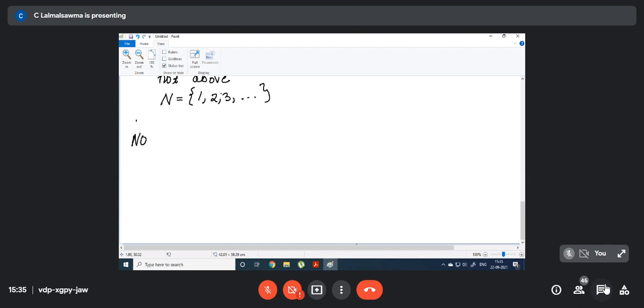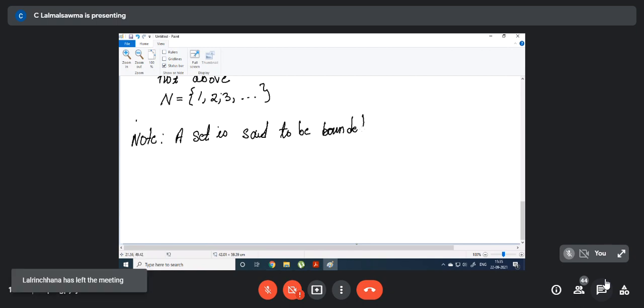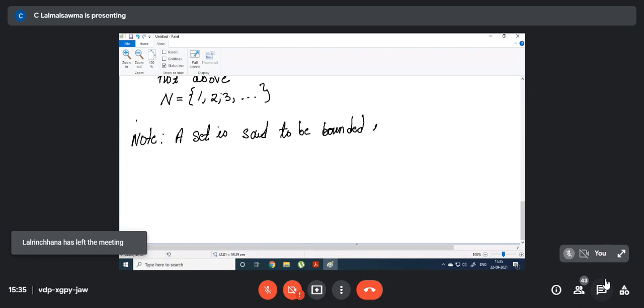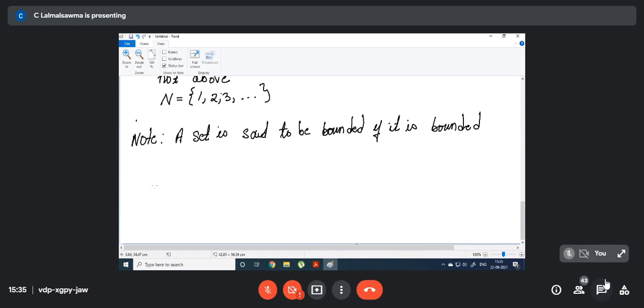So let's write this. A set is said to be bounded if it is bounded above as well as below.